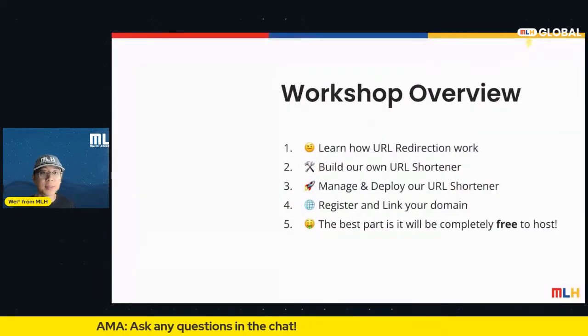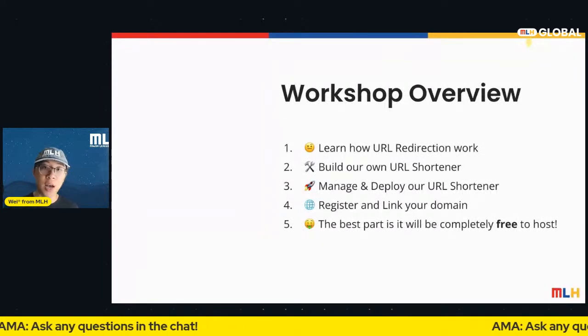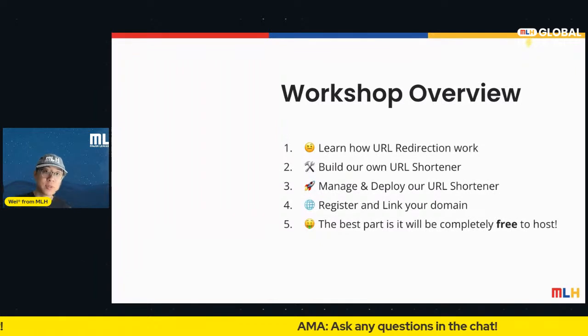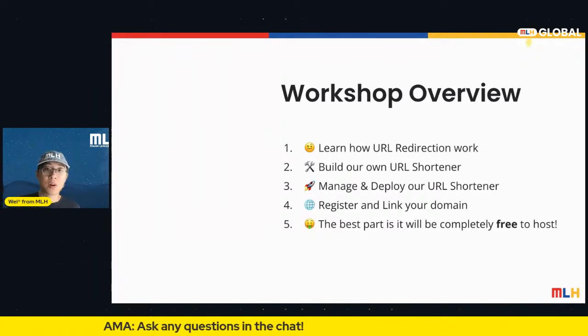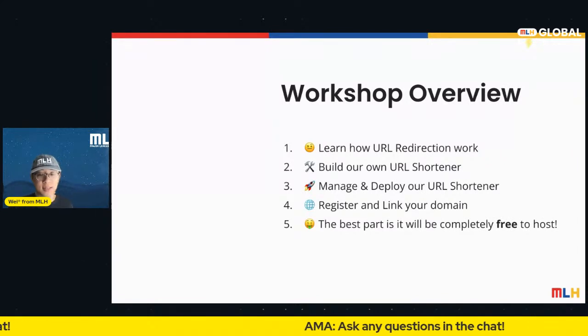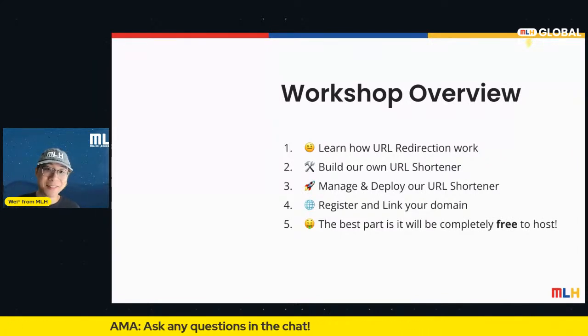All right. So here is an overview for our workshop. First, we're going to learn about URL redirection and how it works. Next, we're going to build our own URL shortener in just a few dozen lines. One dozen lines. You can count, or you can check me after the session, make sure I got it right.